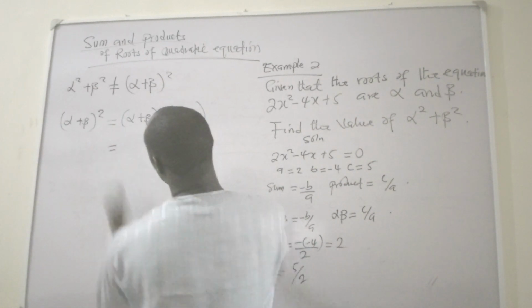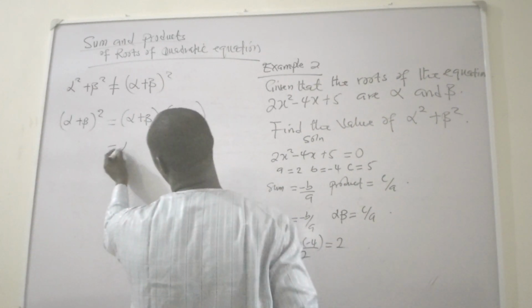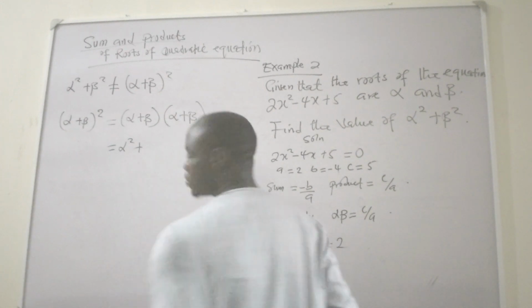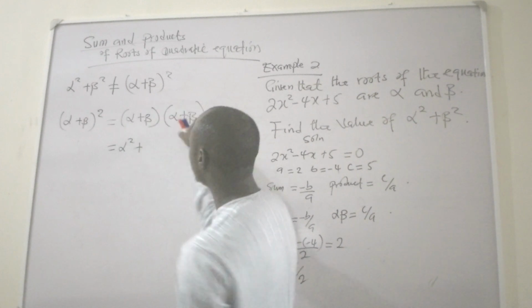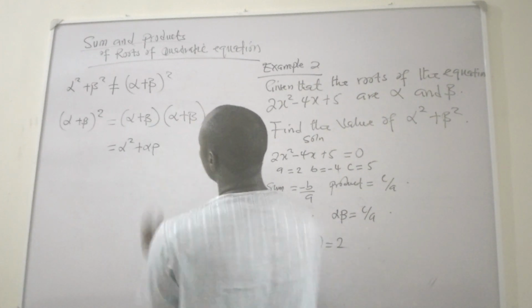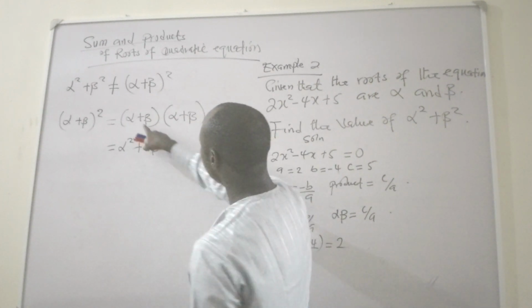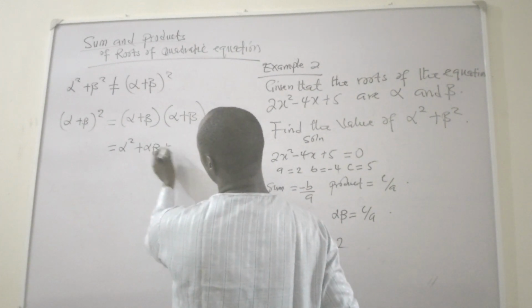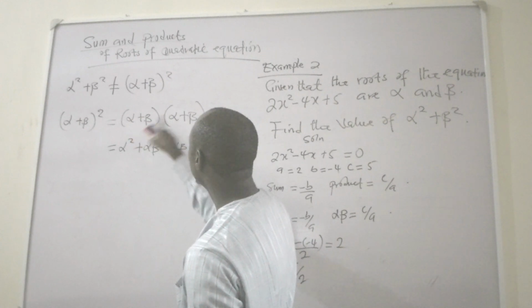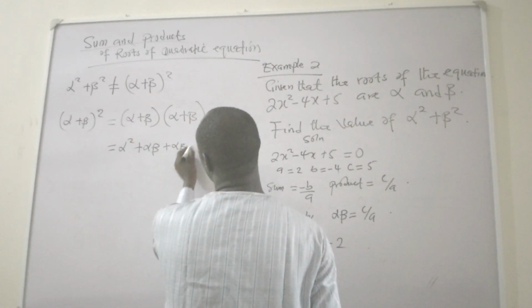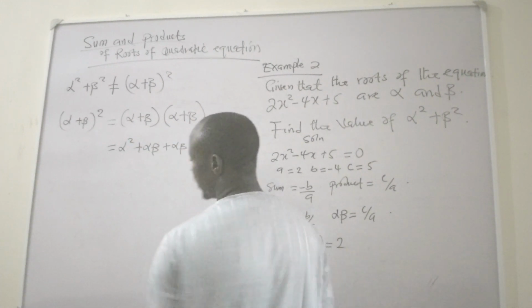So now we say alpha times alpha, we have alpha squared, plus alpha times beta, we have alpha beta. Then we have beta times alpha, we have plus alpha beta. Then we have beta times beta, we have plus beta squared.